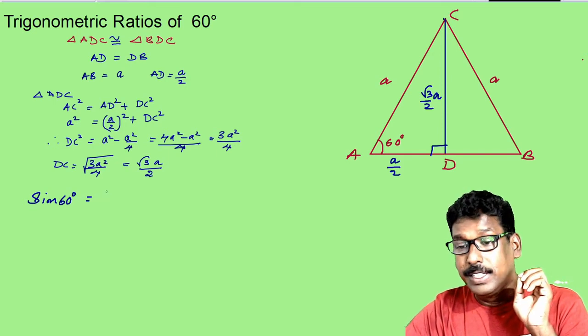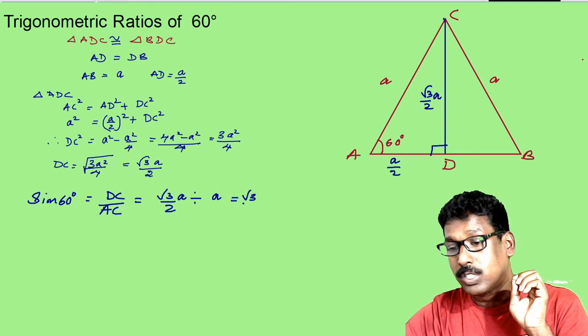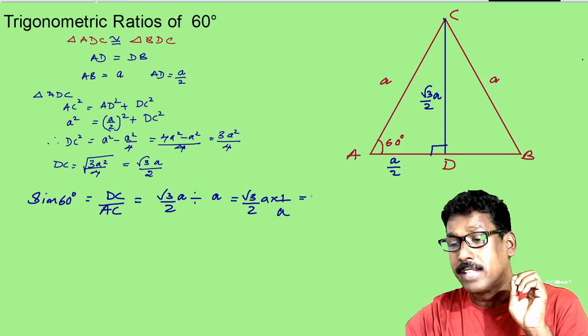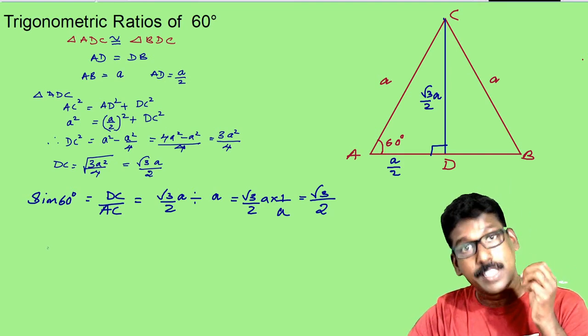That is DC by AC, which is equal to root 3 a by 2 divided by AC, which is a. That you can write as root 3 a by 2 into 1 by a. a cancels, so you will get root 3 by 2. This is the value of sine 60 degrees.